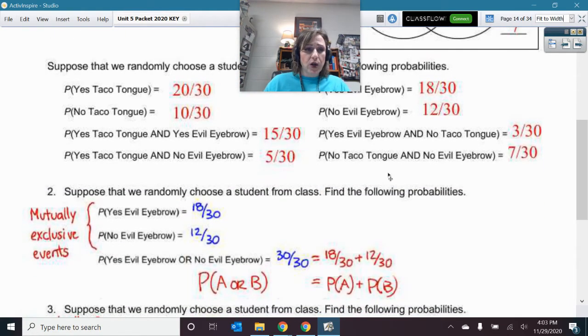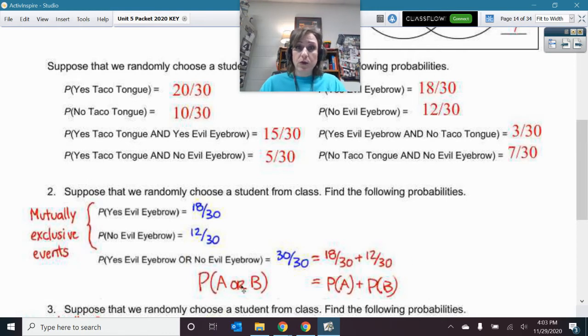So what they were dealing with was mutually exclusive events, like all the people who could evil eyebrow and the people who could not evil eyebrow. Those are disjoint, mutually exclusive, because you either can or you cannot. See that 18 plus 12 totaled up to 100% of our data.